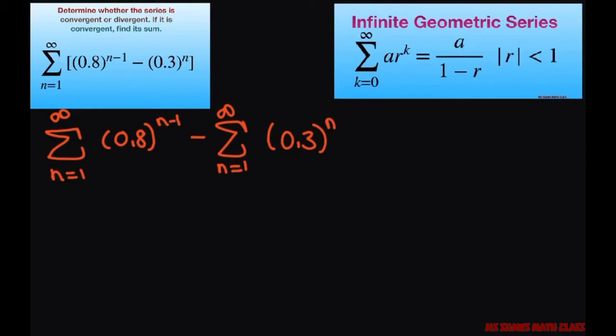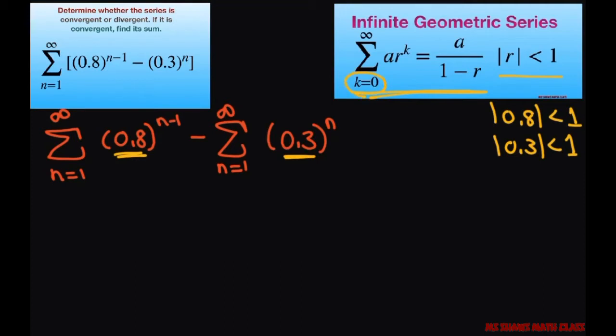Now, looking at our r, both our r's are less than 1. The absolute value of 0.8 is less than 1, and 0.3 is less than 1. So we're going to use this formula. The problem is this formula starts with k equals 0.